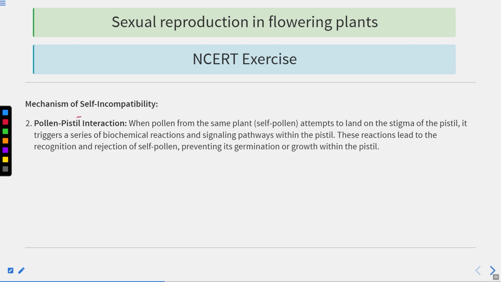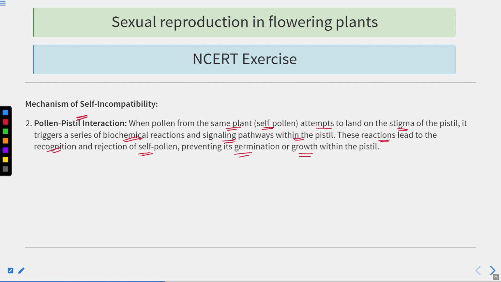Now next one, pollen-pistil interaction. Pollen-pistil interaction is also very important here. This also determines whether the pollen will be compatible or incompatible. When pollen from the same plant, meaning self-pollen, attempts to land on the stigma of the pistil, it triggers a series of biochemical reactions and signaling pathways within the pistil. These reactions lead to the recognition and rejection of the self-pollen, preventing its germination or growth within the pistil.